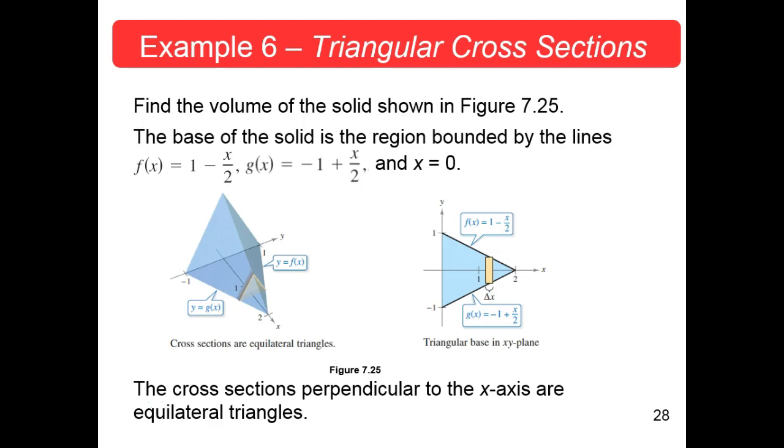So that's the base of that triangle. Now, with that being an equilateral triangle, that means these angles here are 60 degrees, of course, right?